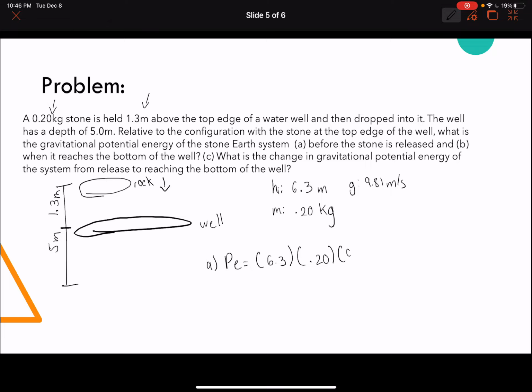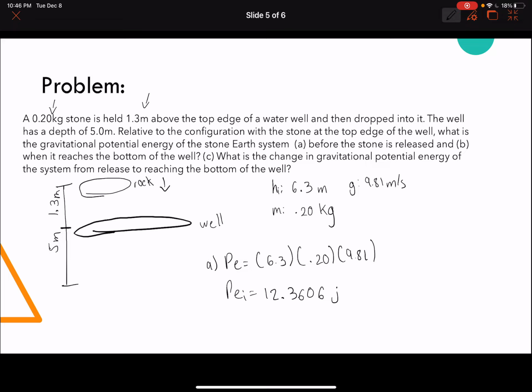If we plug 6.3 times 0.20 times 9.81 into our calculator, we're going to see that the initial potential energy is 12.3606 joules.